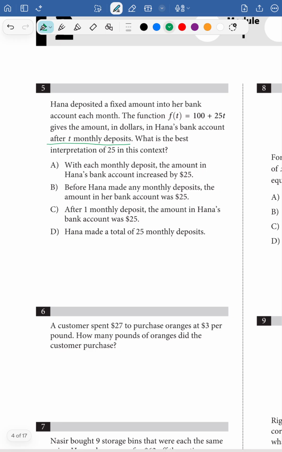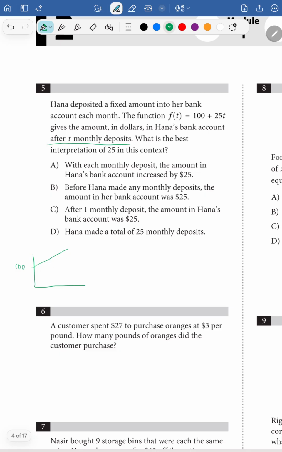So we can make a little chart here. And we start off at 100. Let's go with 100 over here. And every month it increases by 25. Because what is going on every month?